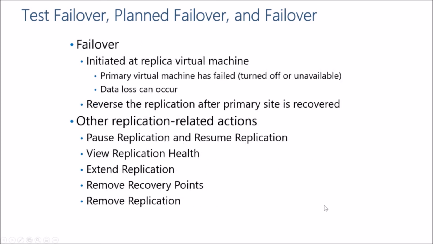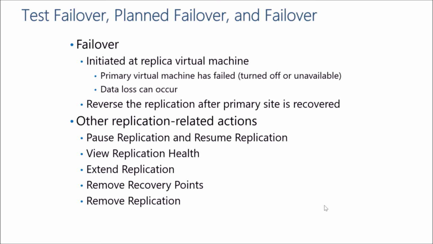Then there's failover. So if planned failover is something we know about ahead of schedule, failover is where we have no idea it's going to happen. It just happens one day. Something happens, causes failover. It could be that there's an accident, someone crashed into the power mains, no power, for example.